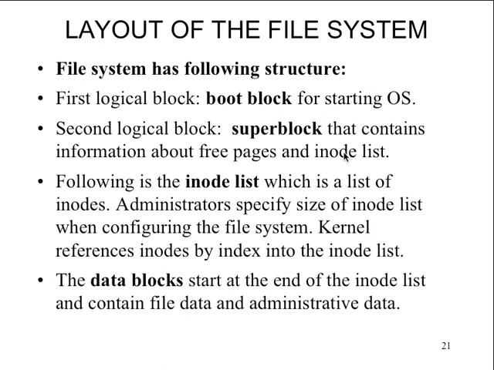It reads all the information, and the first thing it reads is the inode list. If it's a Unix-specified block structure in terms of the file system support, it'll read the inode list, which is going to have the list of inodes. Administrators specifically specify the size of the inode list when they're configuring the file system. So you can say, hey, I want this particular size.